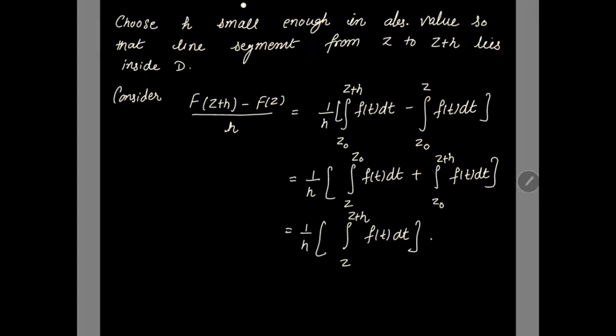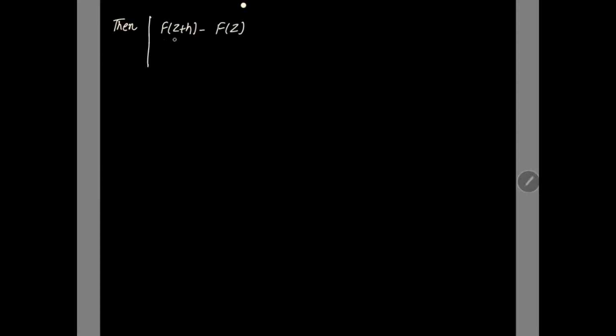Clear? Okay, now what I have to do, I just subtract f(z) on both sides, small f(z). Okay, let's subtract, taking the mod of (f(z plus h) minus f(z)) over h minus f(z).